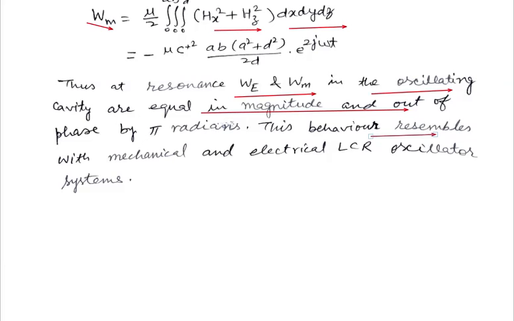Similarly, the energy stored in electric and magnetic fields in cavity resonators also has the same magnitude and is out of phase. So this is about the rectangular cavity resonator. In our next lecture we will discuss the cylindrical cavity resonator and the quality factor of cavity resonators.